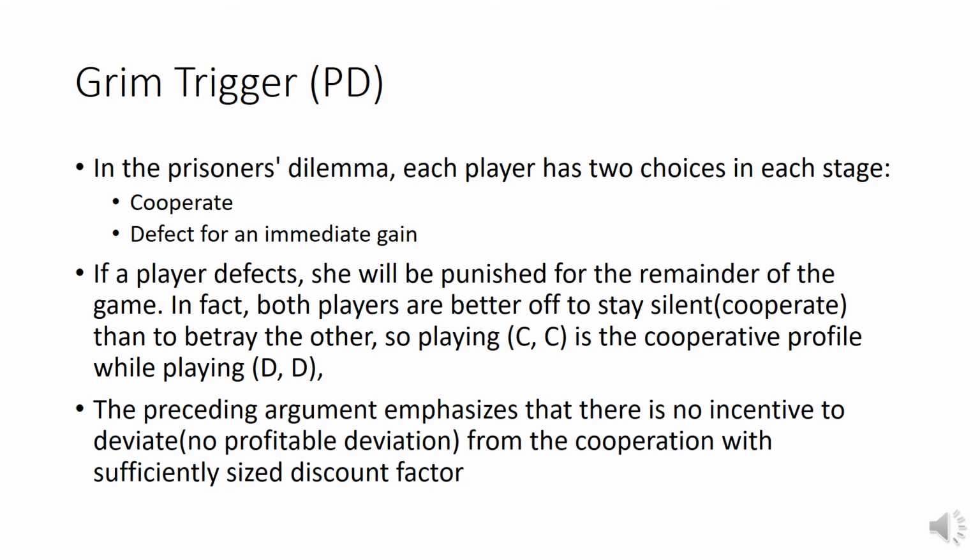So let's see that by way of example in the Prisoner's Dilemma. Remember, in a Prisoner's Dilemma, we've got two choices: cooperate and defect. In the one-shot game, defecting is a dominant strategy resulting in an inefficient equilibrium.